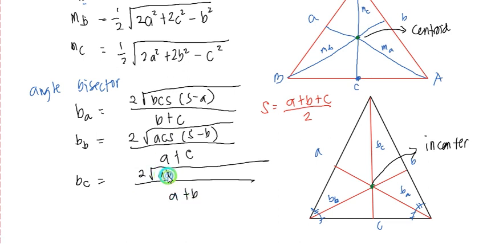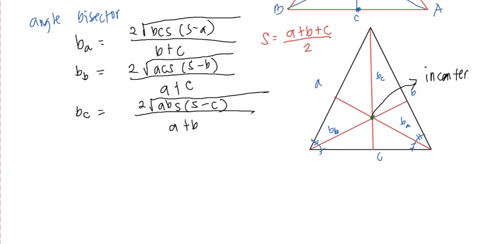So we will have A, B, S. Then sa sulod is S minus C. So this is now the equation of the angle bisectors of our triangle.